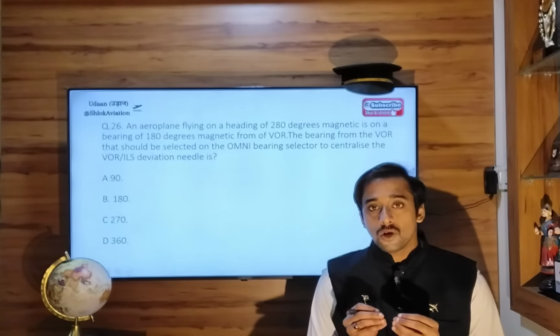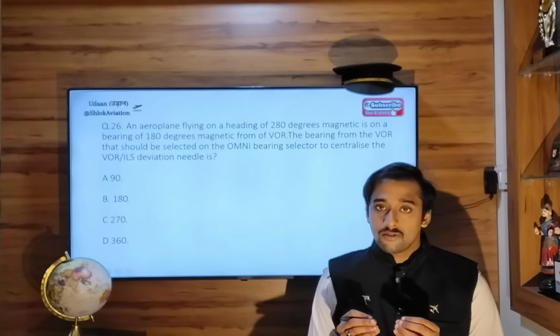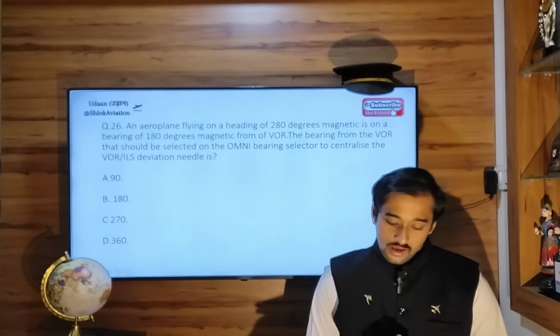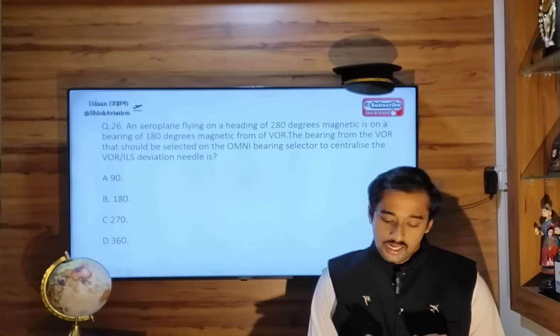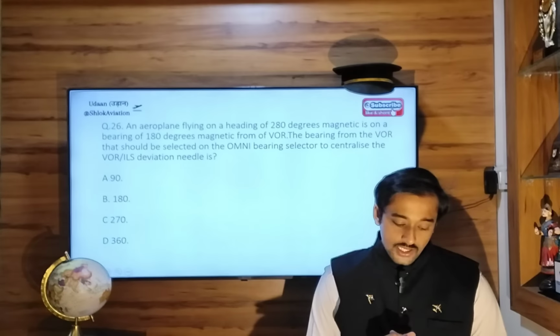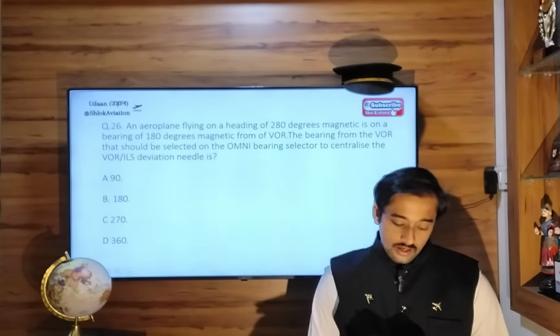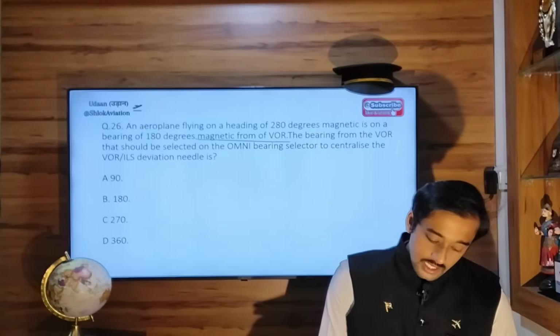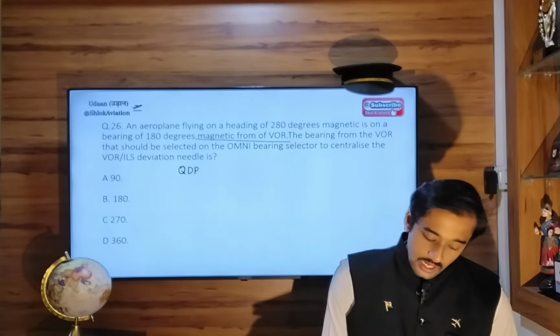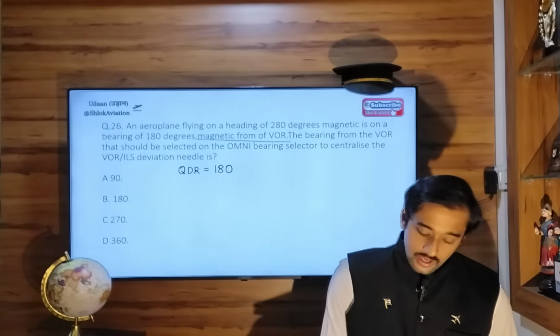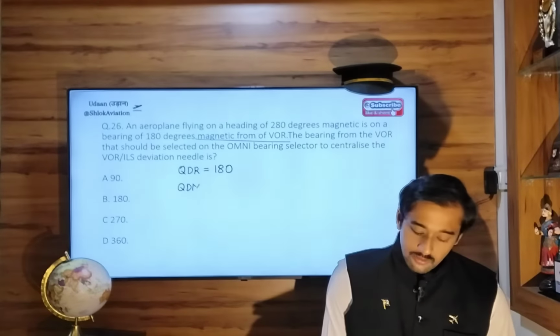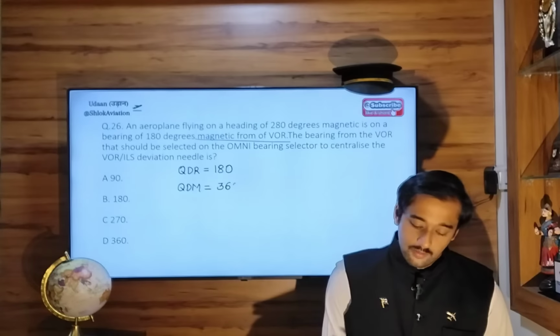What matters is your position with respect to the VOR radial. So ignoring a heading of 280, the next information is a bearing of 180 magnetic from VOR. From VOR means QDR is 180. If QDR is 180, QDM will be 360, the reciprocal.